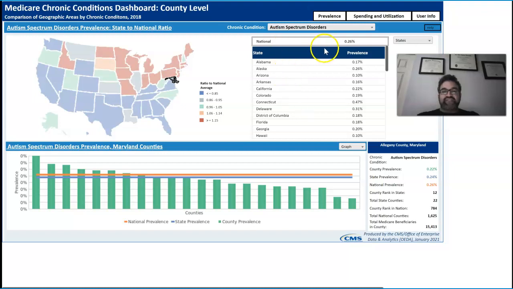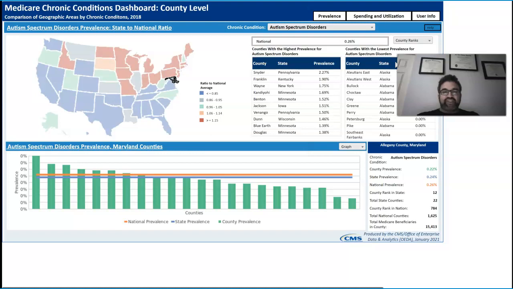So this is looking at state level. This is set to states. But if you switch to counties, this will quickly change to each of the county levels within the states.